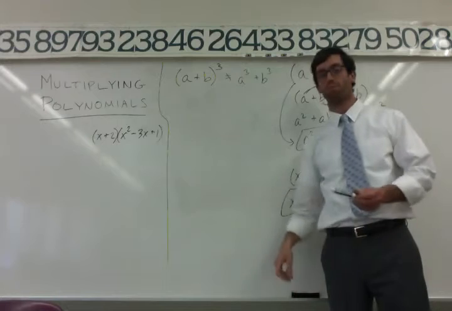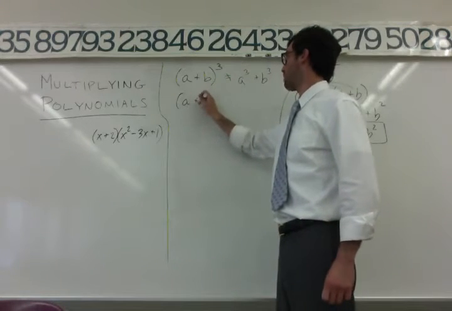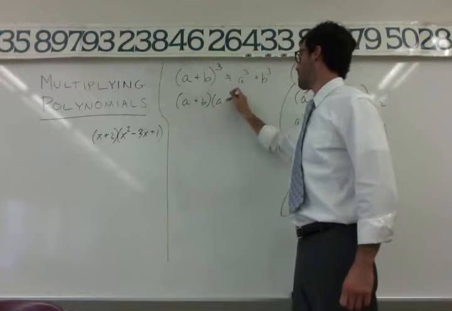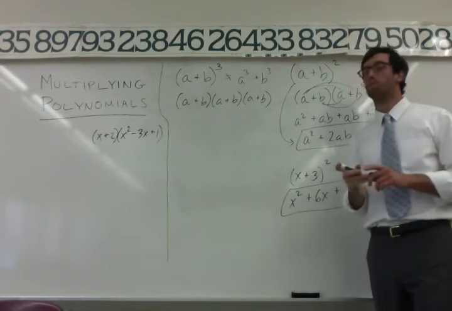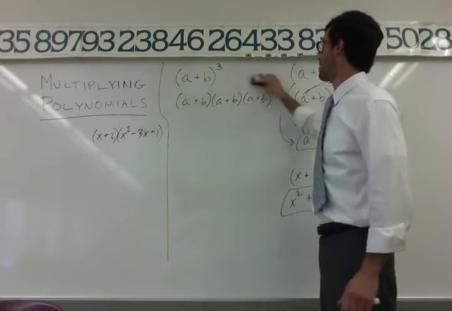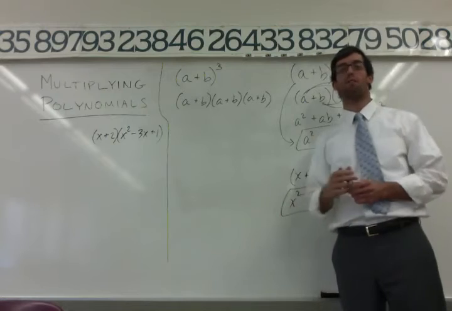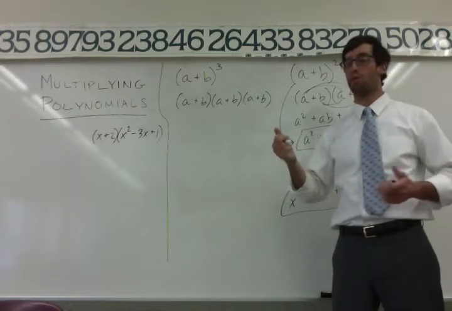Keep that in mind. We have to write this out 3 times. (a + b)^3 is (a + b)(a + b)(a + b). Now, how do we multiply 3 things in general? Do we distribute this to both of these? No, you wouldn't.